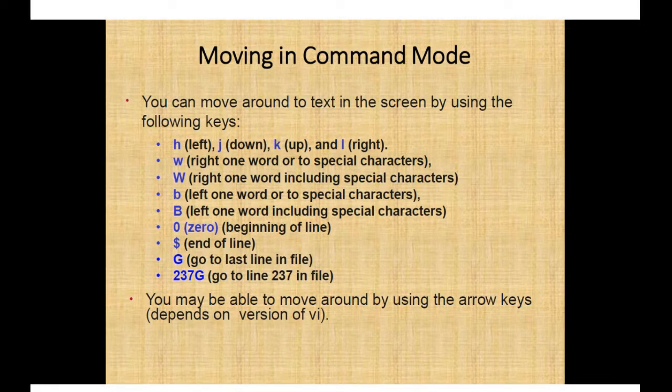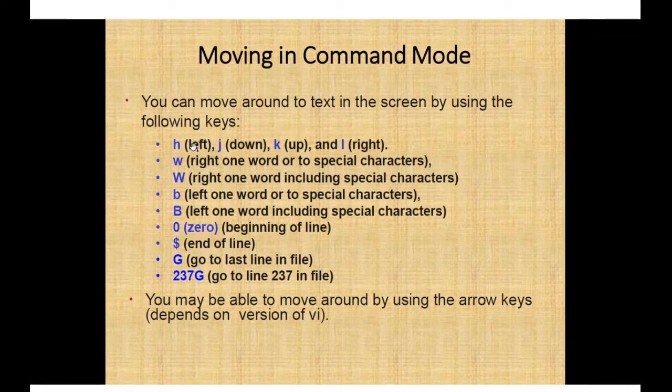But for now, just remember that in order to navigate within a text editor, you can use the letters on your keyboard, H, J, K, L, respectively. H left, L right. Look at your keyboard, please. You can see the sequence of the letters, H, J, K, L. You see, the leftmost is H, so it goes left.